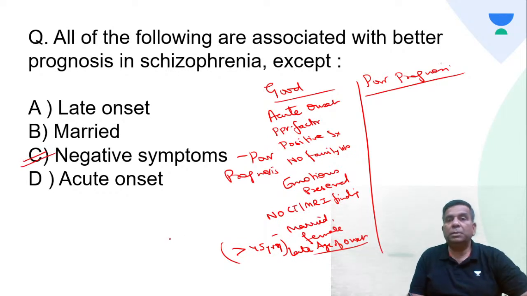So positive symptom is a good prognosis, negative symptom is a poor prognosis.